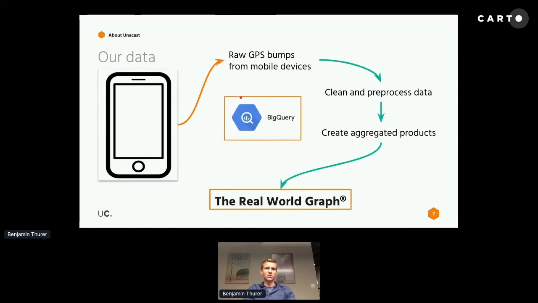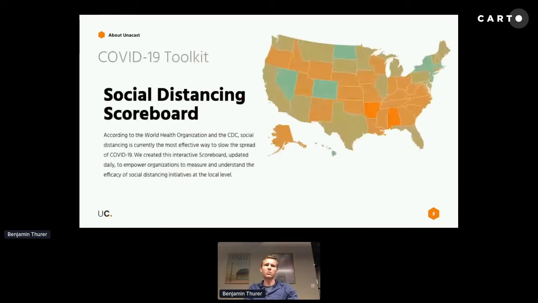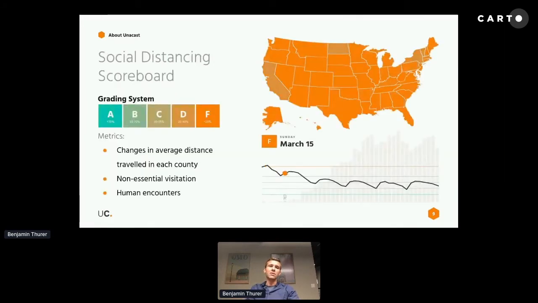So what are those aggregated products I'm talking about? Maybe something you have heard of is the Social Distancing Scoreboard. This has become quite popular lately, and it's a very interesting scoreboard where you can choose any county or state in the US and see how it behaved in terms of social distancing since the beginning of 2020.